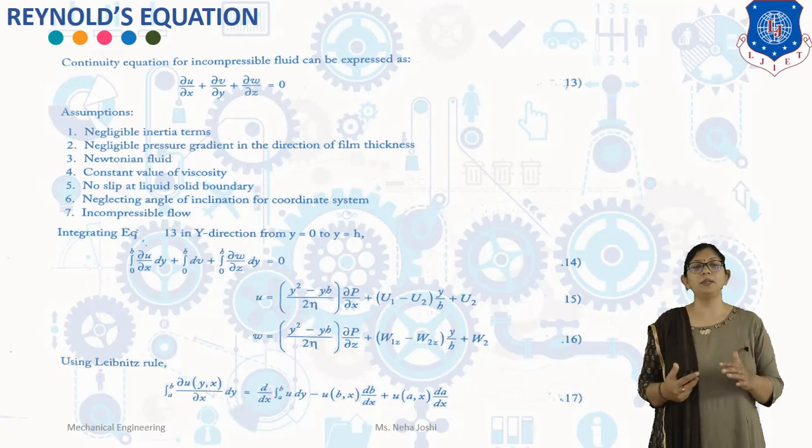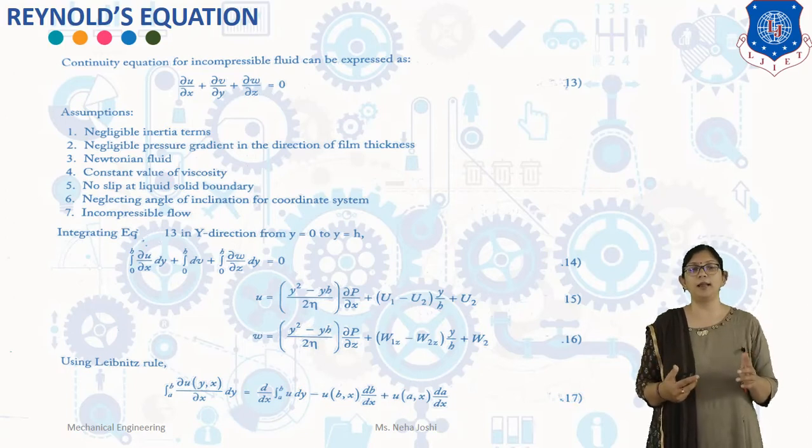So using Leibniz's rule, we can get integrating limit a to b ∂u/∂x dy is equal to d/dx integrating limit a to b u dy minus u_b dh/dx plus u_a dA/dx.